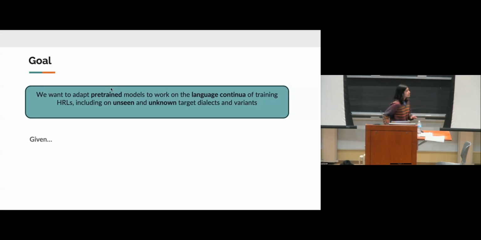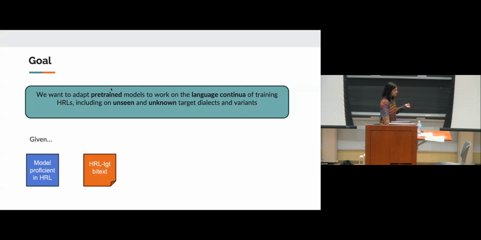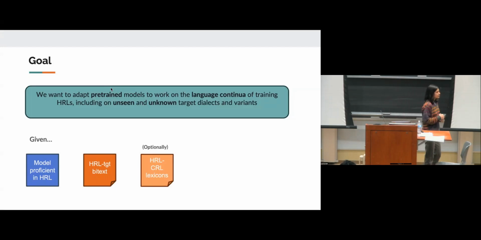We're working only with machine translation, and we're assuming that we have a model that is good on the high resource language. We're assuming that we have bitext in the high resource language and the target language that we want to translate to, and in this work, that's going to be English. Then maybe at inference time, we do know the input language that we're going to get, and then we might have lexicons in that language, which again is a reasonable assumption.